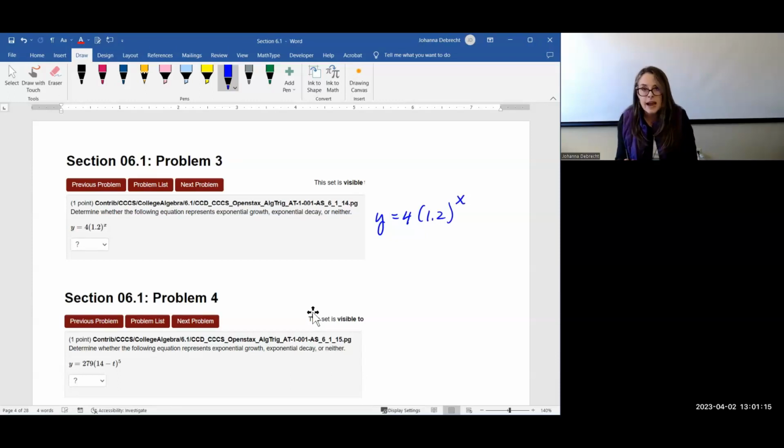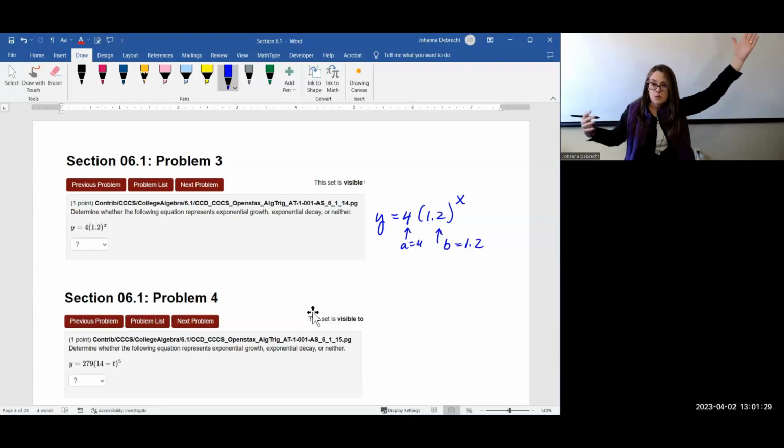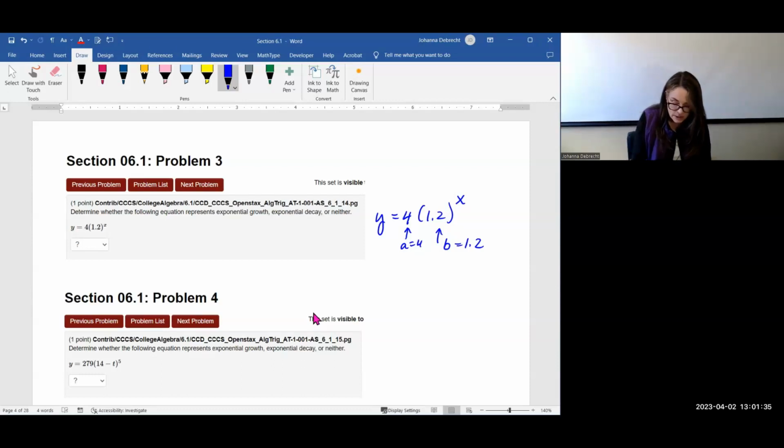This is exactly in exponential form from the get-go. Our a is equal to 4. Our b is the growth rate of 1.2. Because it's bigger than 1, it is growing. As x increases, the y value increases. And we have x, which is a linear function. So this one is definitely exponential growth.